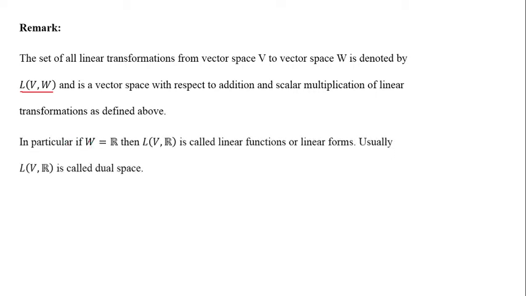In particular, if the codomain W is a real vector space, then L(V, R) is called linear functions or linear forms, and usually this L(V, R) is called a dual space. So remember this notation L(V, R). And what is that? This is the collection of all linear transformations from vector space V to R, and obviously this is also a vector space, and it is called a dual space.